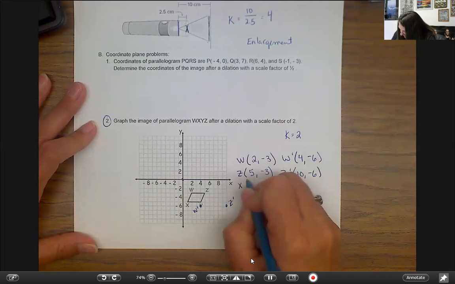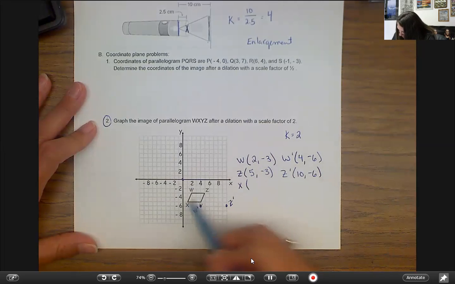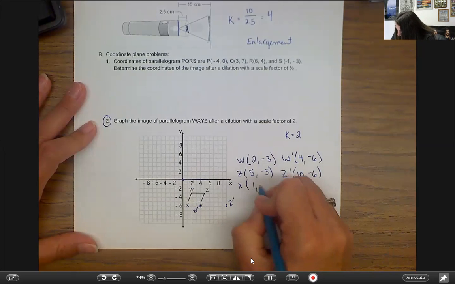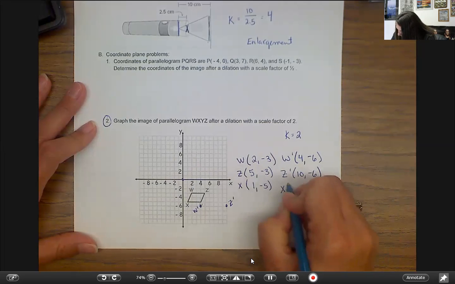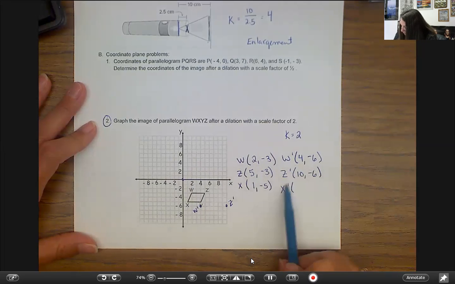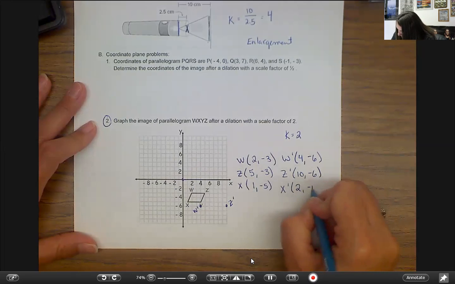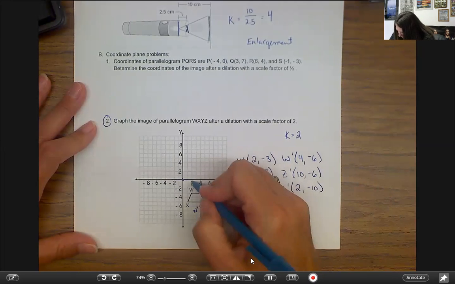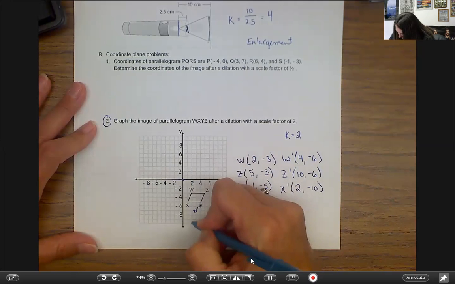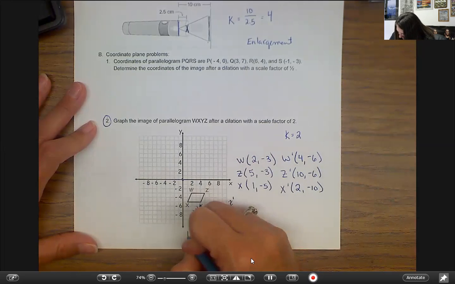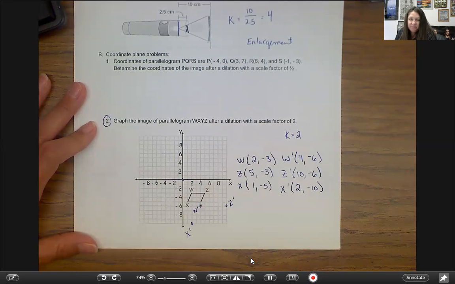All right, point X. X was located at 1, -5. That would place X prime located at 2, -10. So 2, -10 would be located here. So there's X prime.